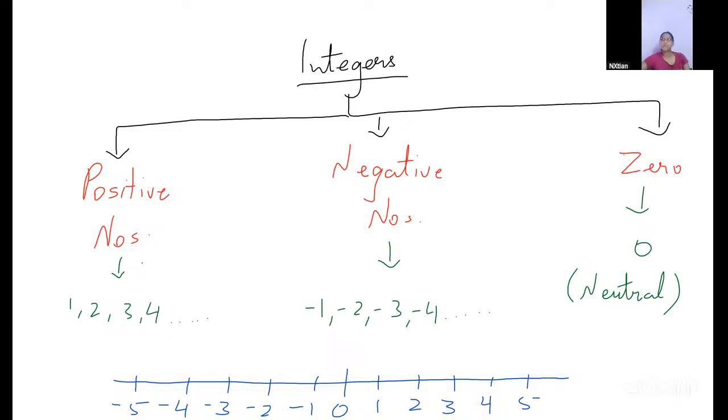Okay. So now, among integers, we will talk about some basic things like what are the bigger integers, what are the smaller integers, what is smaller than what, and all of that. First thing is that every positive integer is greater than every negative integer.